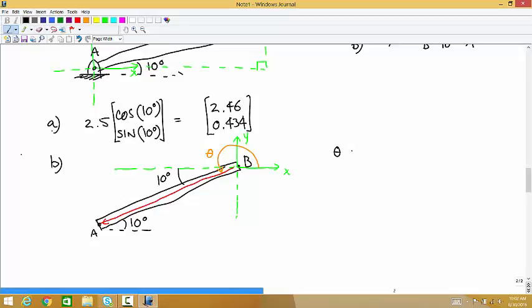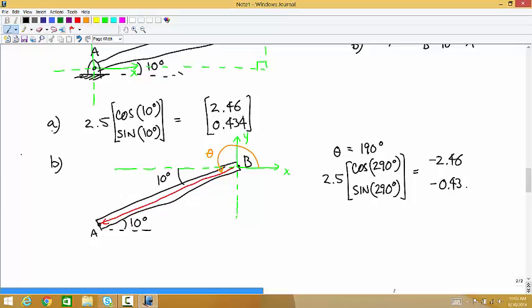So theta is equal to 190, and so you can just do this vector as 2.5 times cosine of 190, sine of 190, and you get negative 2.46, negative 0.43. Yes, thank you, 190. Round off error.